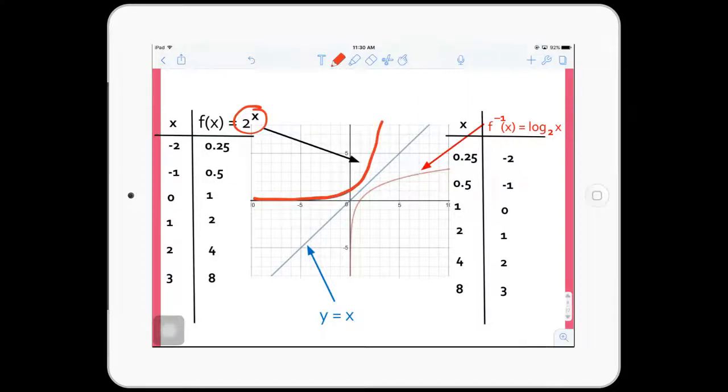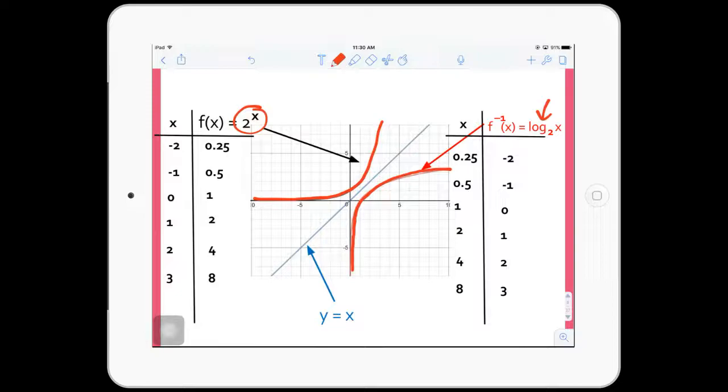And on the right hand side, we have the logarithm function, that is log base 2 of x. And the graph is this one right here. That actually makes sense because the two functions are inverses of each other, and they're reflected through the line y equals x. So we can see that they are inverses of each other.